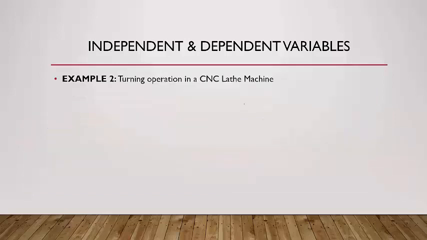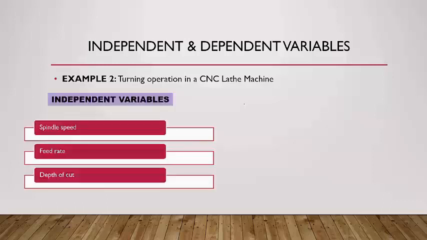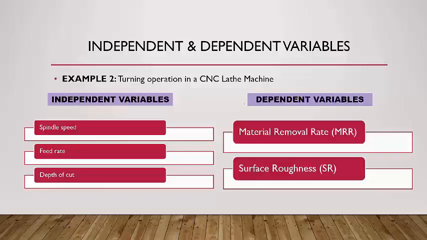Second example, in case of a turning operation in a CNC lathe, spindle speed, feed rate and depth of cut are the independent variables, and material removal rate and surface roughness are the dependent variables. They will be the output responses of the turning process.